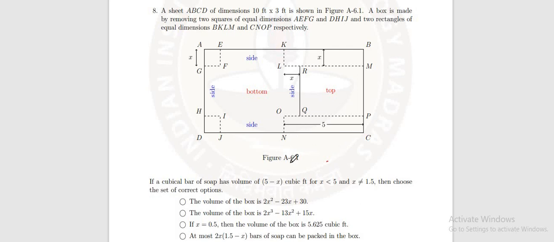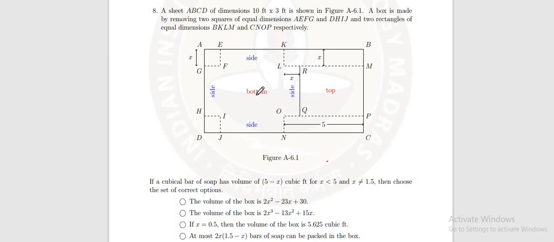So this is the figure that is given, and here from this rectangular part has been made a cutout which is having the length 5 and its breadth is x, and one square whose length is given x.